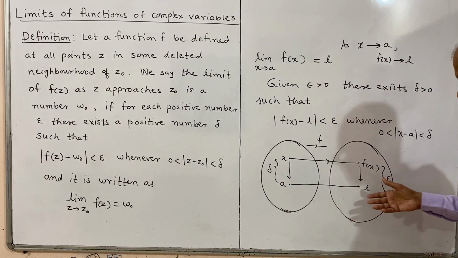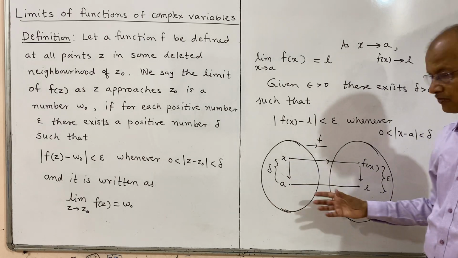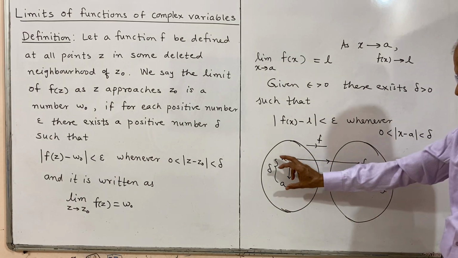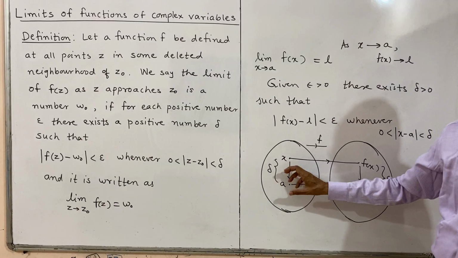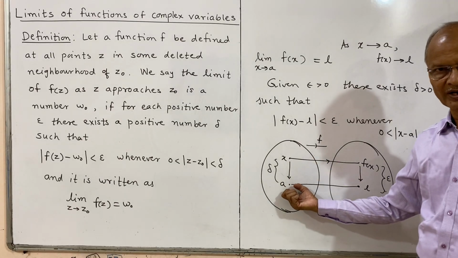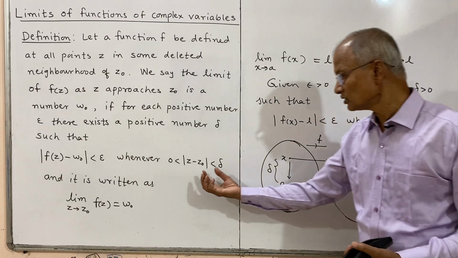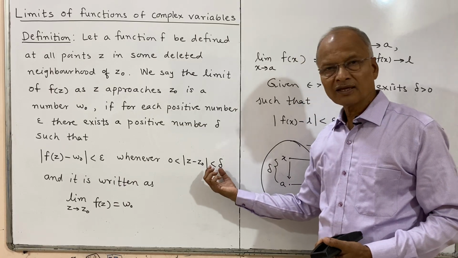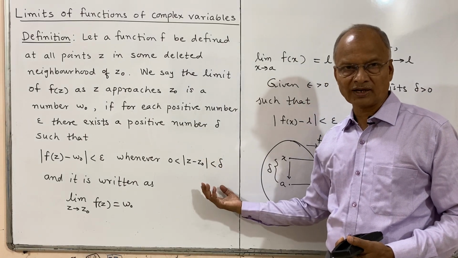As epsilon changes, delta will change. If you make epsilon smaller, then delta will also be taken accordingly smaller. And if a result holds for a value less than delta, then it holds for a smaller value than delta.